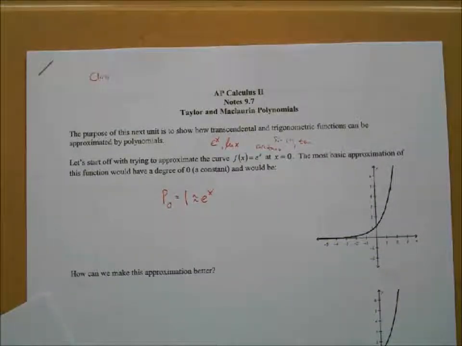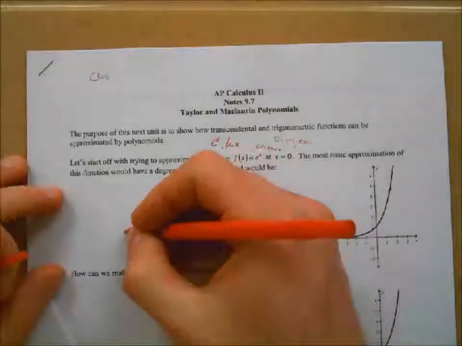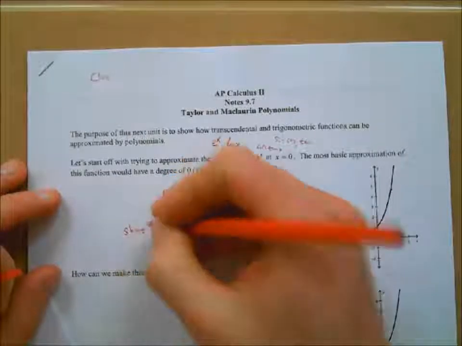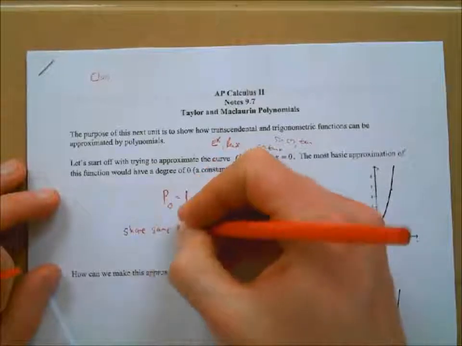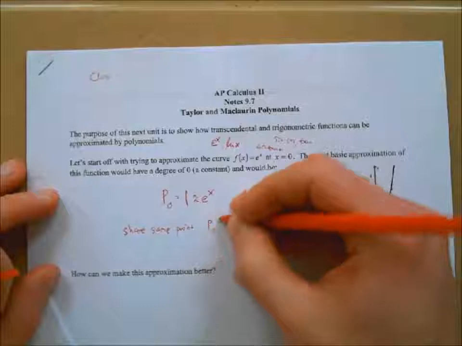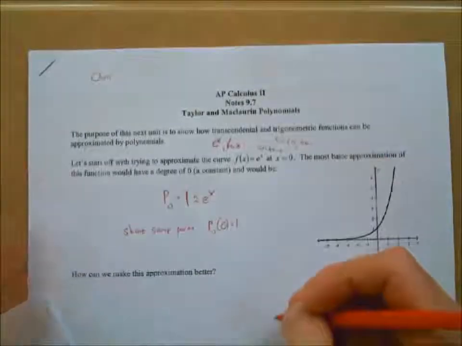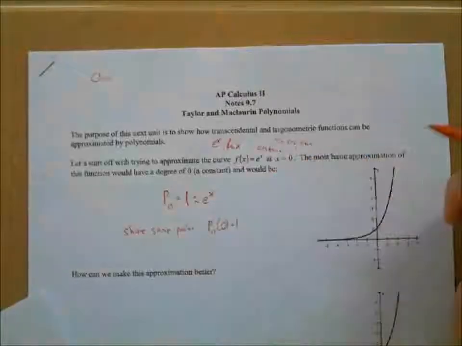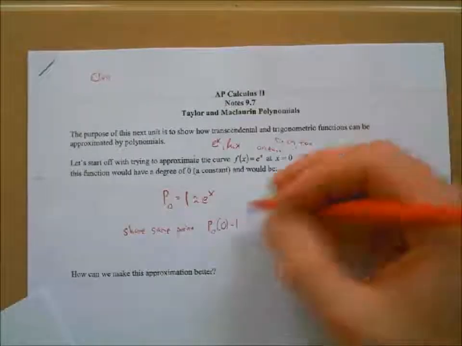The idea being here that they share the same point. P sub 0 of 0 is 1. So our 0th degree approximating polynomial there at 0 is 1.